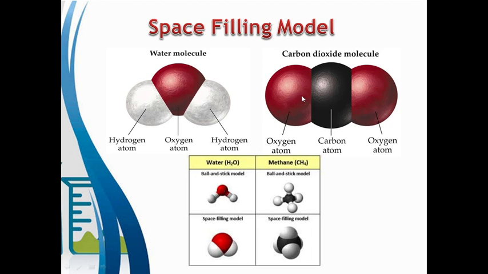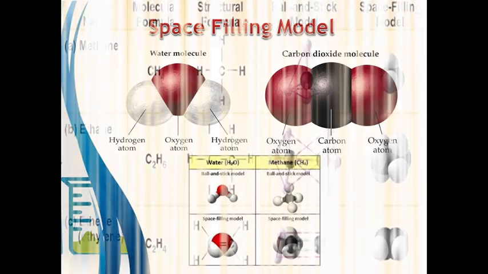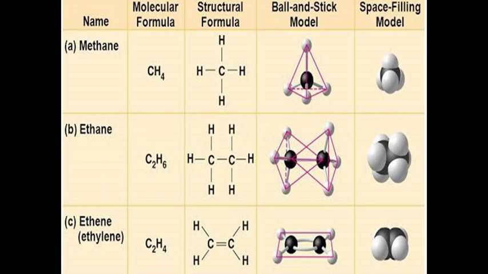So it is a space filling. As you can see here, we have another example, the water and the methane. These are the models of the ball and stick and its space filling model. So you already know the difference between the space filling and the ball and stick. Here are some examples of the molecular structural formula, the ball and stick, and the space filling.